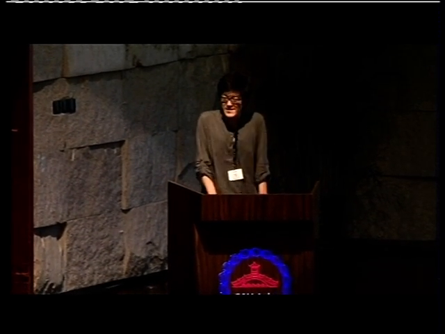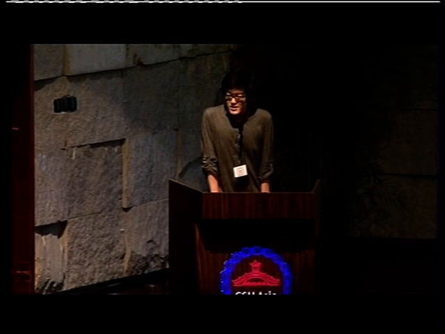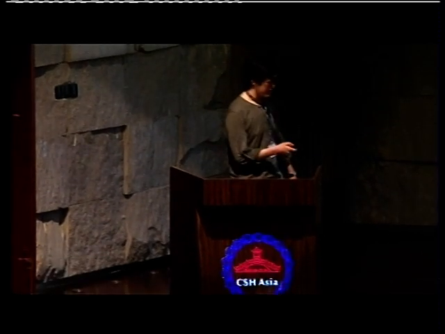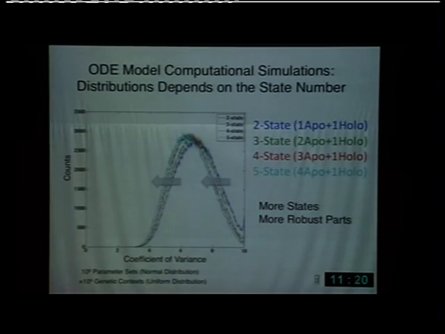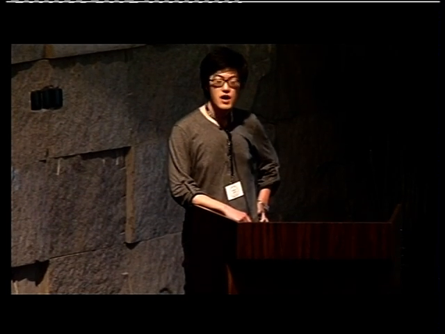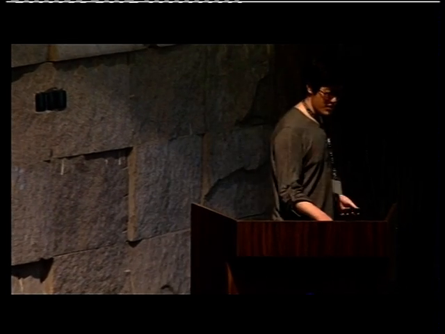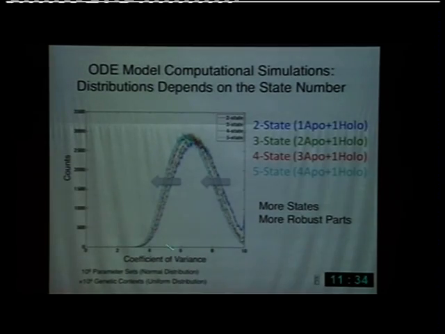You made a computational calculation on your robustness, and you're saying that if you have 3 compared to 2, 3 is better, and 4 compared to 3, 4 is better, and it goes on and on. So how many states do you think you need to get this variance almost towards 0? Okay, that's a very good point. Focus on this point.